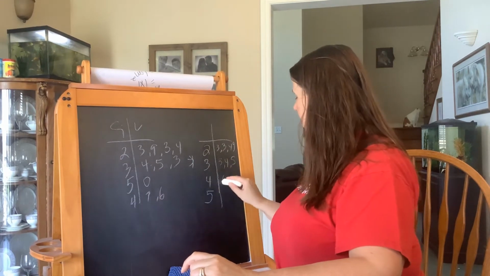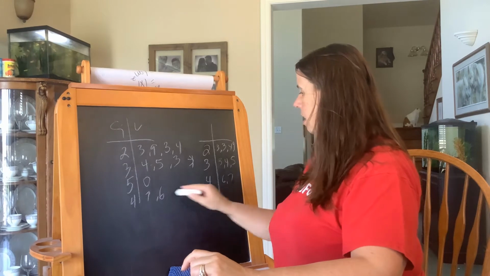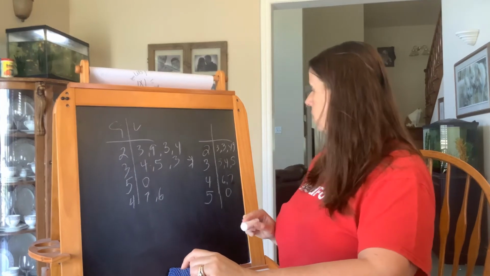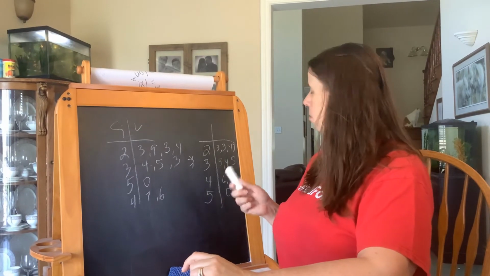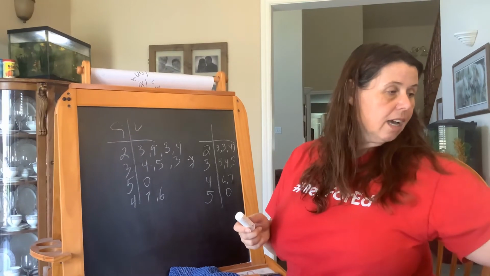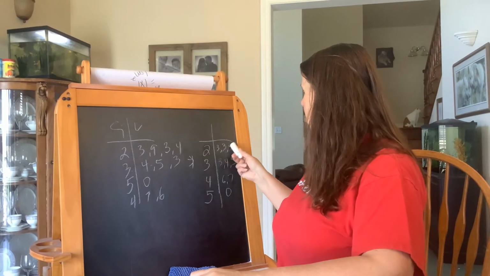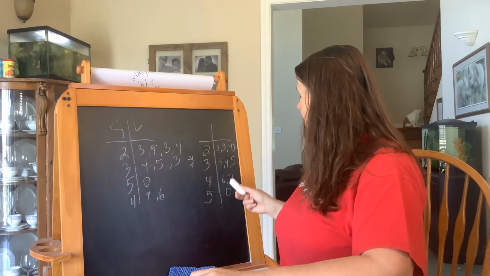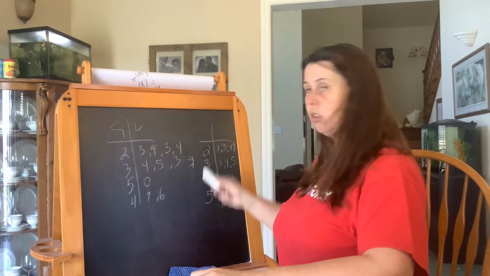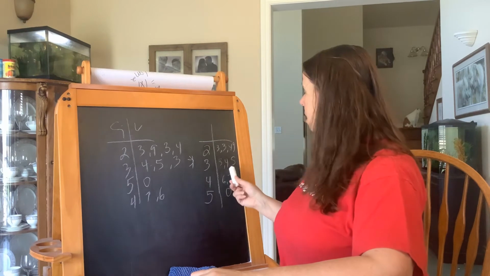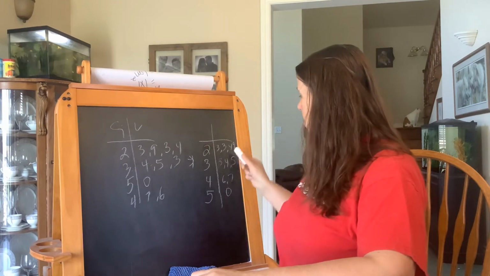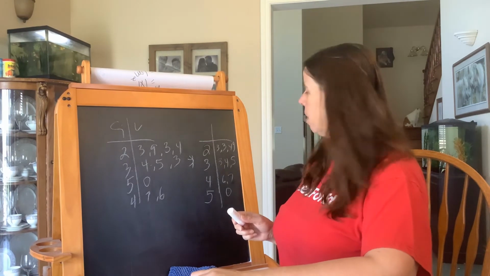Here I've got a 6 and a 7, and here I've got 50, right? Now I'm gonna count up just to make sure. In my data set there should be 10 numbers. 1, 2, 3, 4, 5, 6, 7, 8, 9, 10. Don't have to count those because those are just the stems. The leaves will tell us how many we have in our data set. So I have the right number.